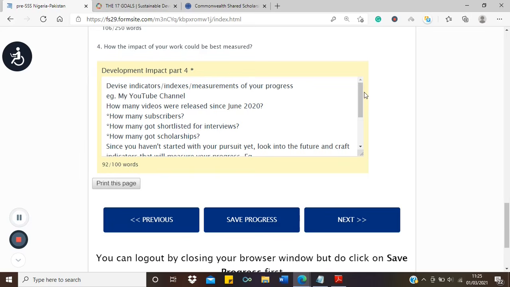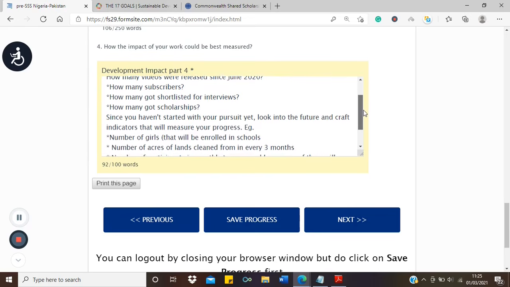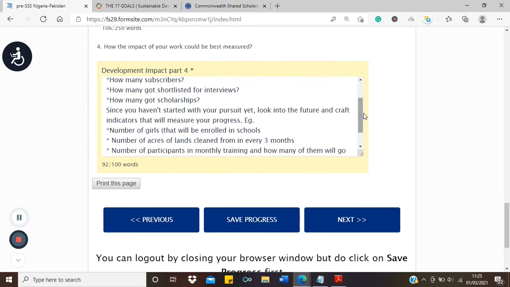And I know that you've not started that project yet, and you intend to start after your master's degree in the UK university. But try to look into the future and see how this project you intend to undertake will be measured.